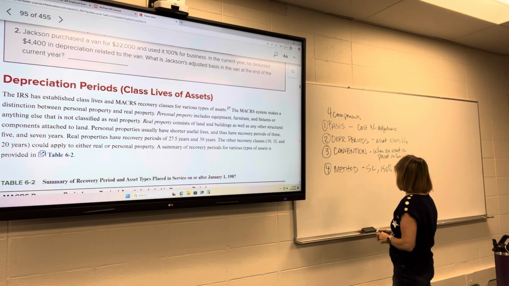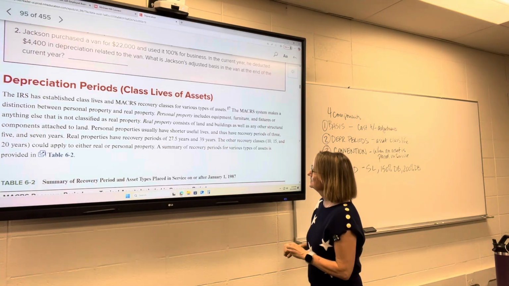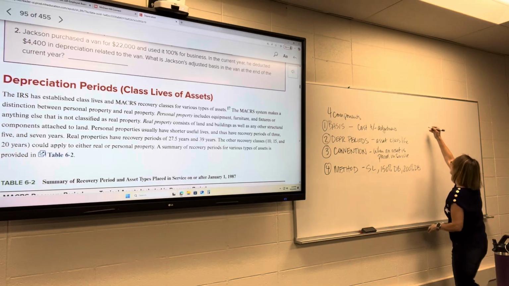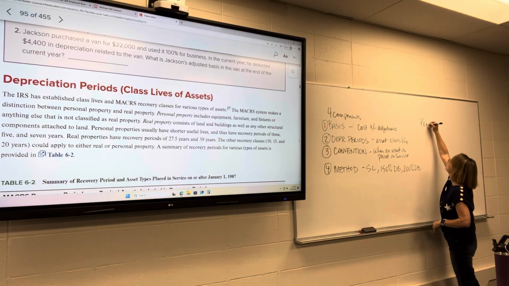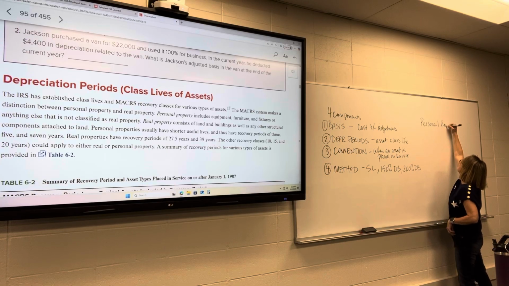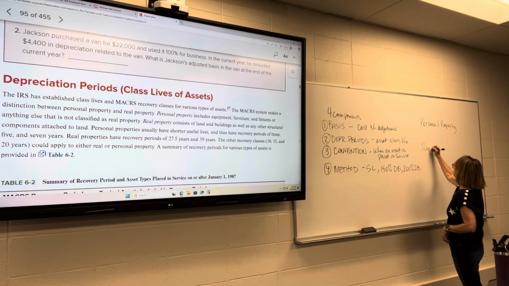So we can divide assets into personal property, as opposed to personal use, and real property.